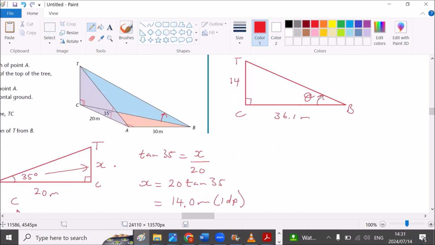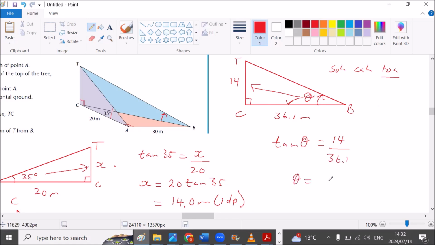So we have opposite and adjacent to the angle in question. So using our trigonometric ratios, we can use tan. So we say tan theta, which is our angle of elevation, is equal to 14 opposite over adjacent 36.1.